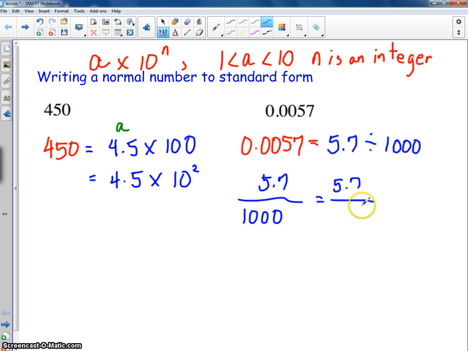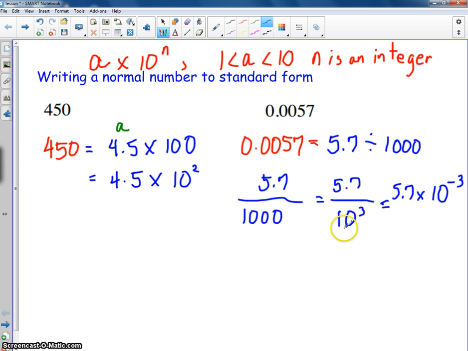Now let's write this fraction in a way that it becomes a fraction with an index. What is 1000? You should all know that 1000 is 10 to the power of 3, or 10 times 10 times 10. Now, remember from my previous video about indices, if the denominator is a number written in index form, it can be written as a negative index, so that can be turned into 5.7 times 10 to the power of negative 3.